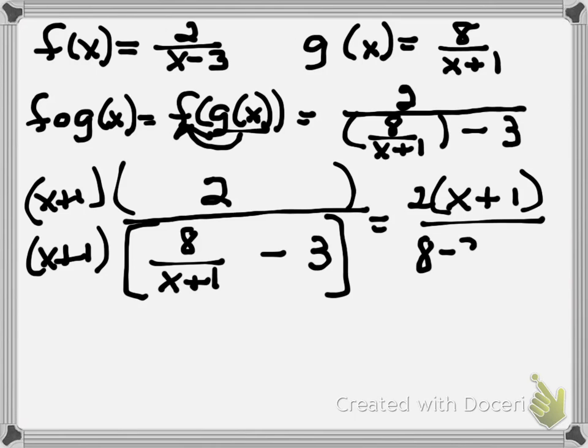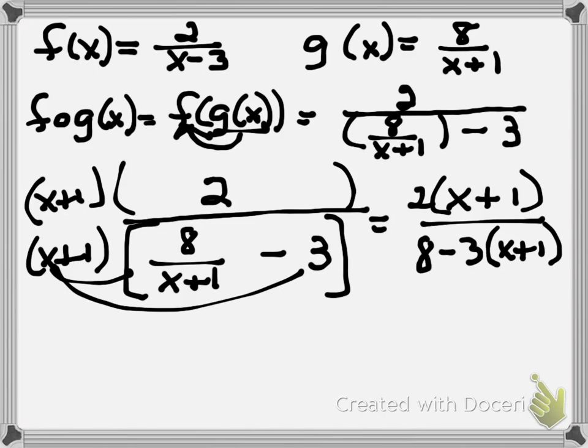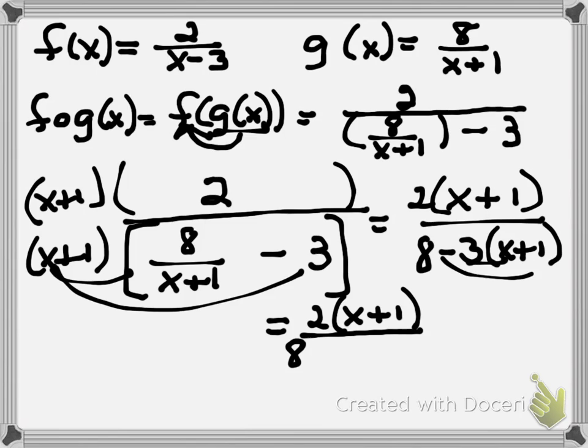So it's negative 3 times x plus 1. X plus 1 is distributed times each of these terms. And then to simplify, I'm just going to leave this 2 times x plus 1 over 8, and then distribute the negative 3. Negative 3x minus 3.